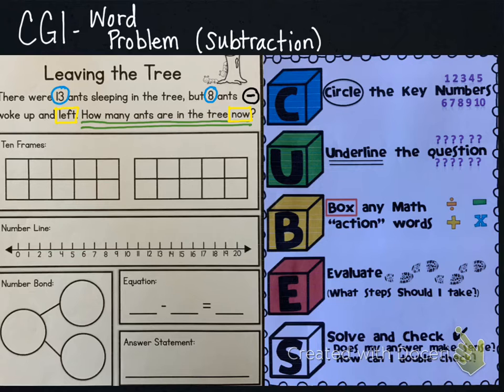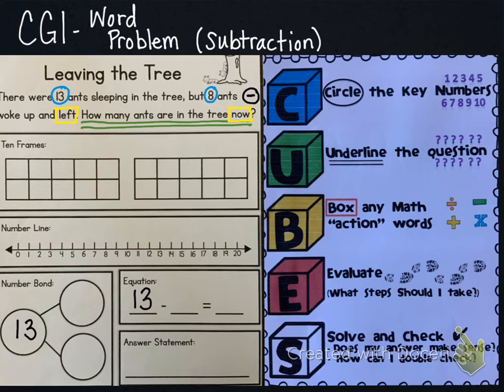So I'm going to write the bigger number down here at the bottom where it says equation, because we need to start with the bigger number. I'm also going to write the bigger number down here in our number bond, because in our number bond the bigger number is always to the side. It's always the one that's by itself.